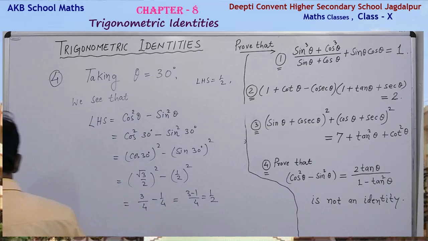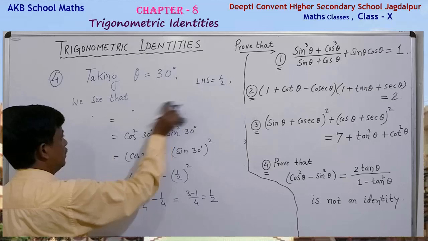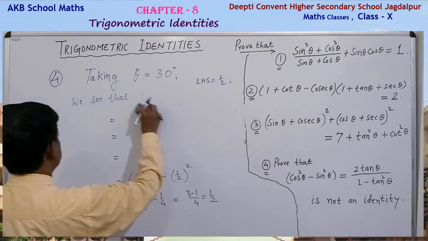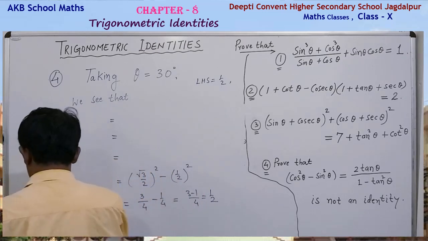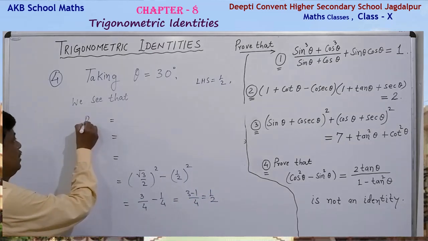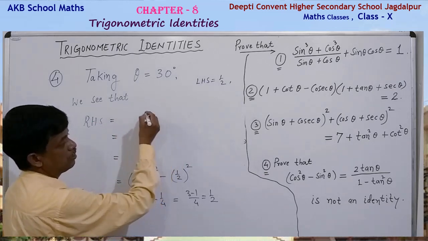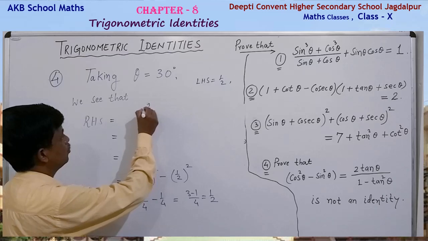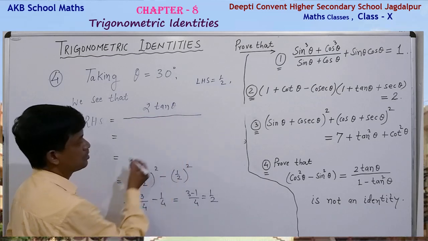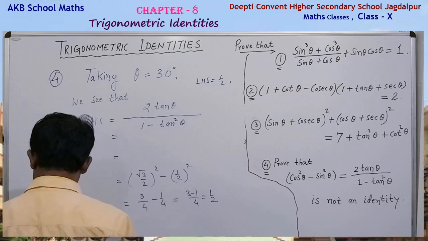Okay, now checking the right hand side. Now find the value of the right hand side for theta equals 30. So here the right hand side equals 2 tan theta upon 1 minus tan square theta.